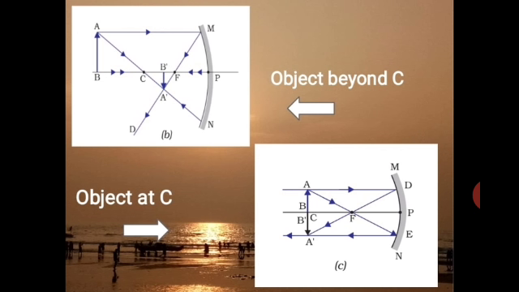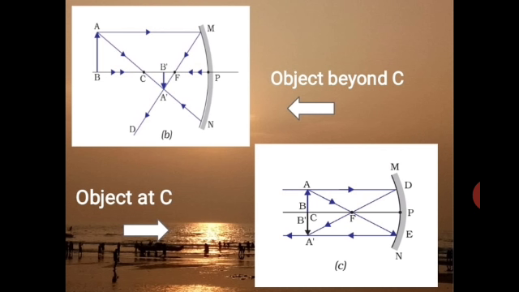These rays after reflection meet at a point. But out of those 4 possibilities, we pick and choose any 2 to see the formation of image. Here we have taken one ray which is going from A parallel to the principal axis and meets the mirror at point M. This ray, because it is parallel to the principal axis, will pass through the focus after reflection.